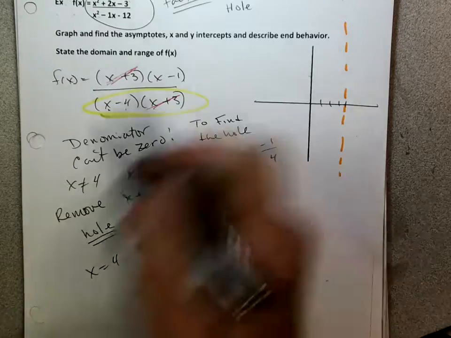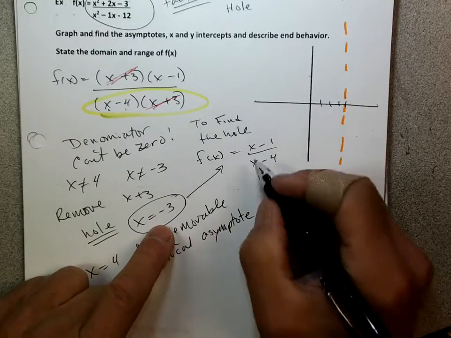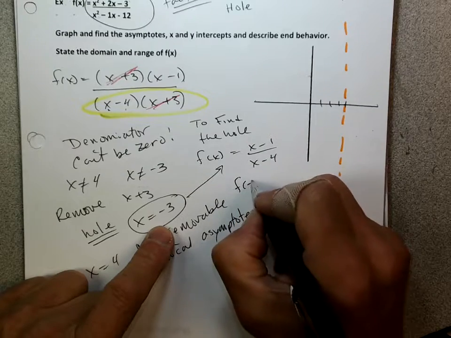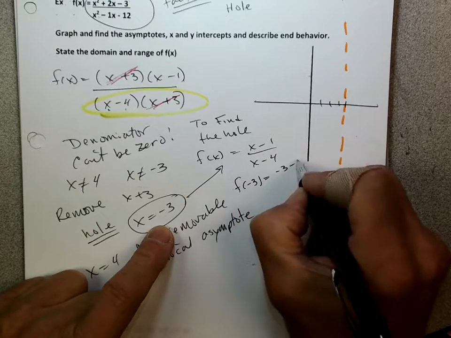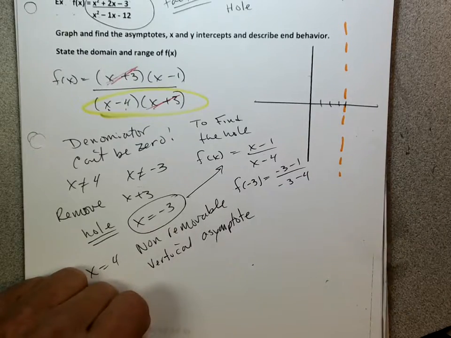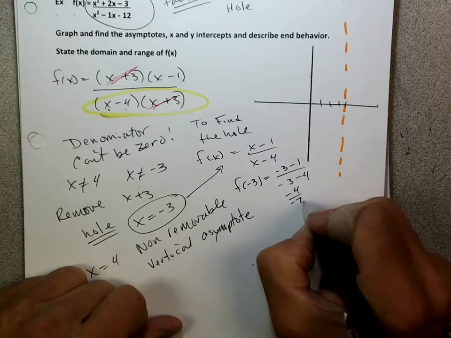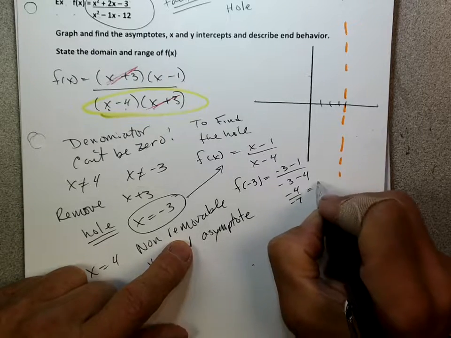Once I cancel out my problem, I can actually plug in the negative 3 and find out the value of my hole. So f of negative 3 would be negative 3 minus 1 over negative 3 minus 4, which gives me negative 4 over negative 7, or 4/7.